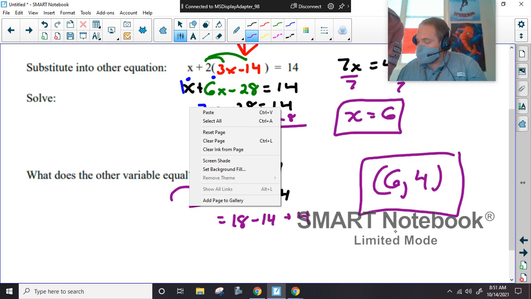You got y equals 6 and you plugged it in here when it should be x equals 6. You said y equals 6, but you plugged it in for x.